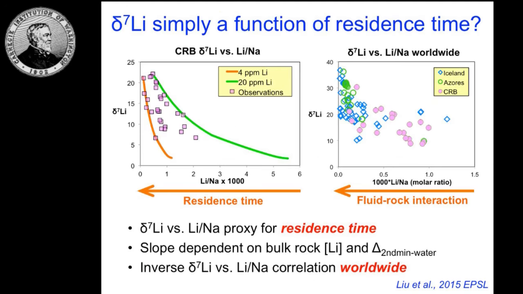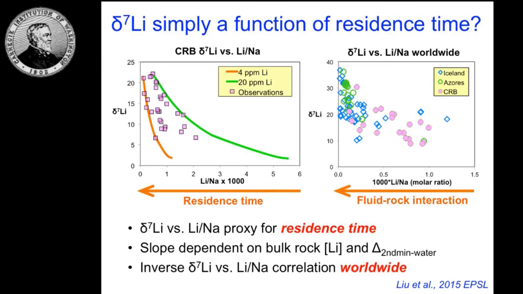Okay. So if you're not so convinced, we try to really plot this to what we observe. All those pink squares are the observations for both seasons, as well as rivers and groundwaters. Those are the two lines simulating the two end members of the basalt we put in. It seems to work out pretty well: with increasing residence time, we have higher fractionation.